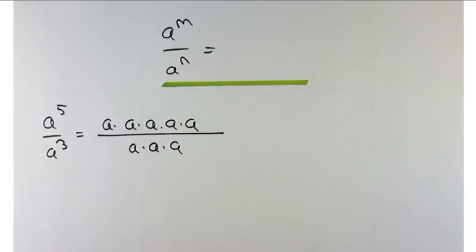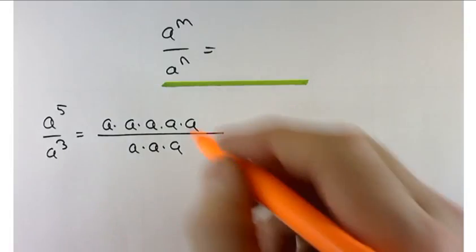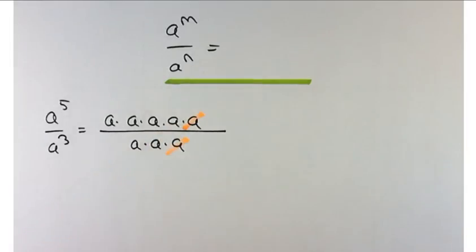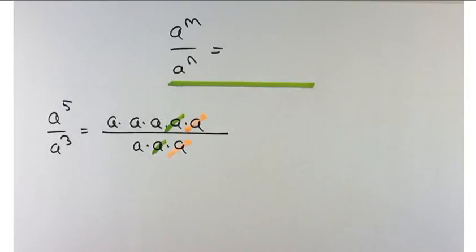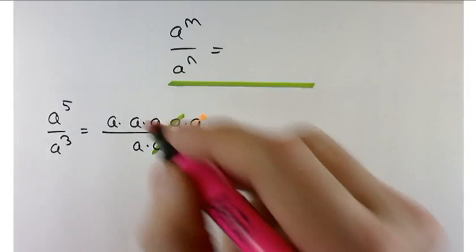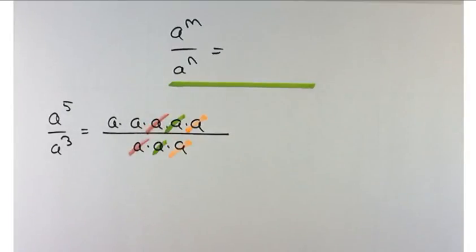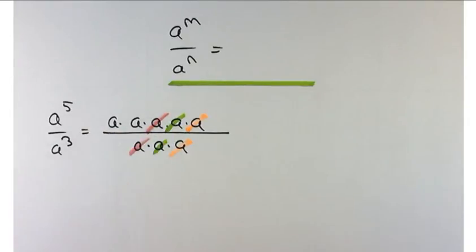Having expanded it like this, is there any simplification I can do? Well, I cancel out one of the a's there, and cancel out another one, and another one. Now I've run out of a's in the denominator. What am I left with? A times a, or better yet, a squared.